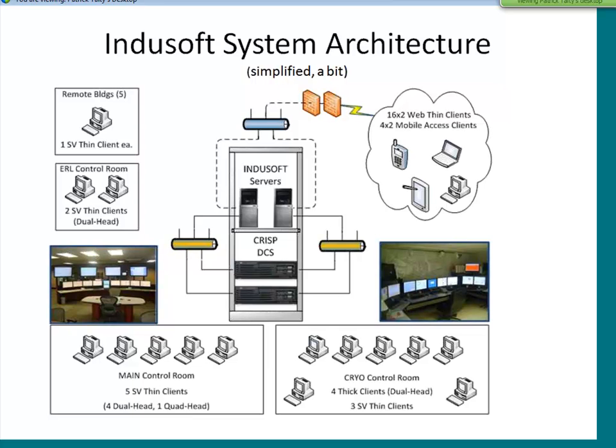So this is a very simplified architectural view of how our system is laid out. Right in the center, there's a rack, and on the shelf up top there, the 2 Dell Optiplex 960s, Windows 7 32-bit, and as you can see, those are 16 WebFin clients and 16 Secure Viewer clients and 4 Mobile Access clients.